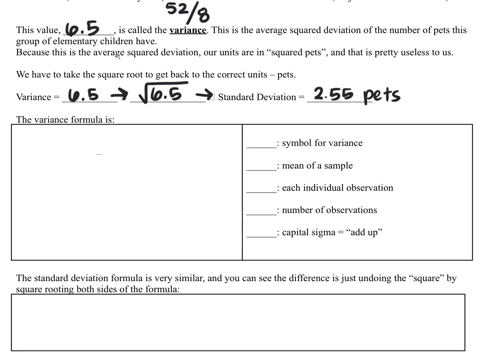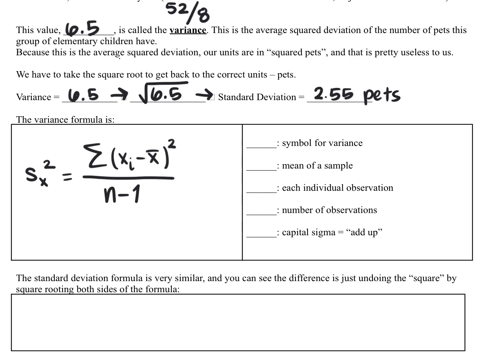So now let's put all of this in a formula. The symbol for variance is s sub x squared, and it equals the sum of the squared difference between the mean and each individual observation, divided by n minus 1.